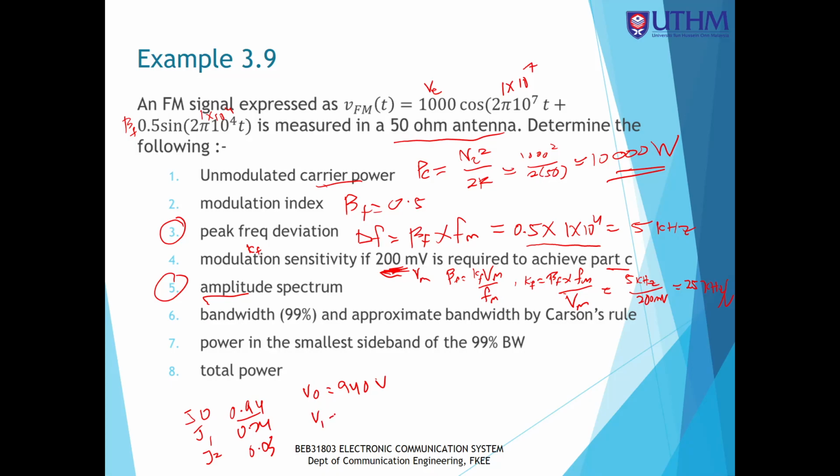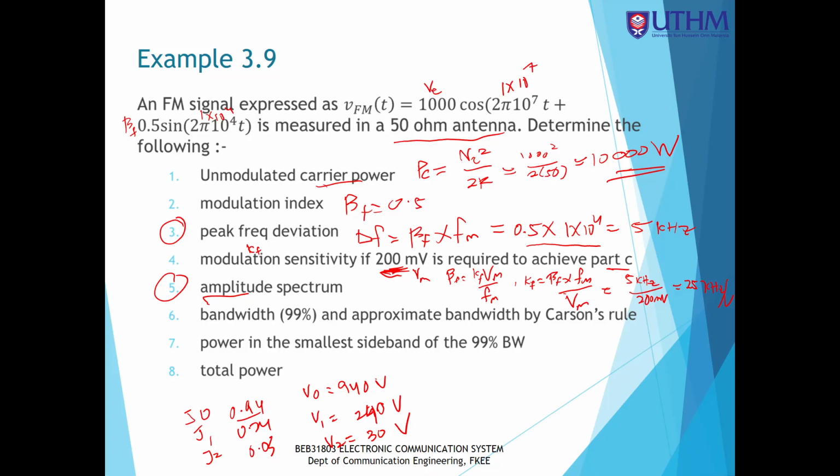Okay, so V1 is equal to 240 volt, and V2 is equal to 30 volt. I multiplied with 1000 because VC is equal to 1000 volt.